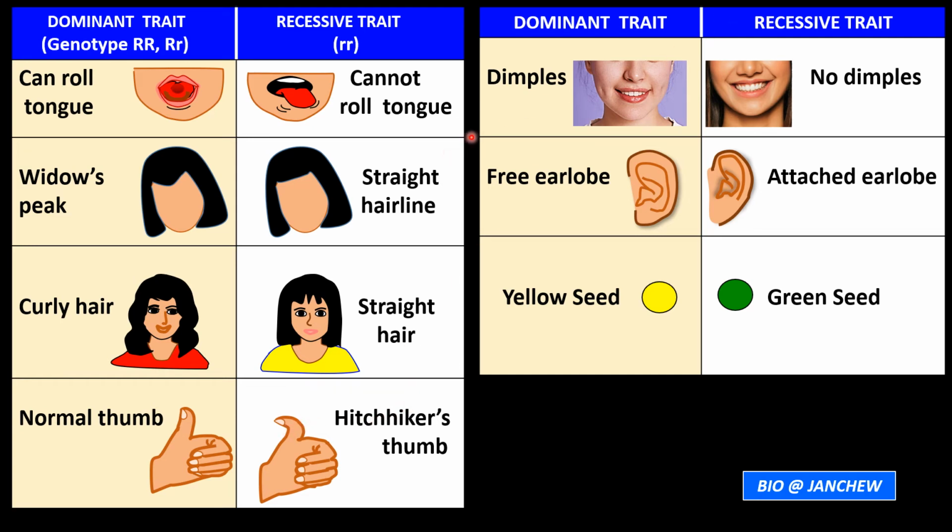That's called the hitchhiker's thumb. Having dimples is a dominant trait, and the absence of dimples is a recessive trait. Free earlobe, where the earlobe hangs out like this, is a dominant trait. And attached earlobe, where the earlobe is attached to the face directly, this is a recessive trait. For pea plant, yellow seed is a dominant trait, and green seed is a recessive trait.